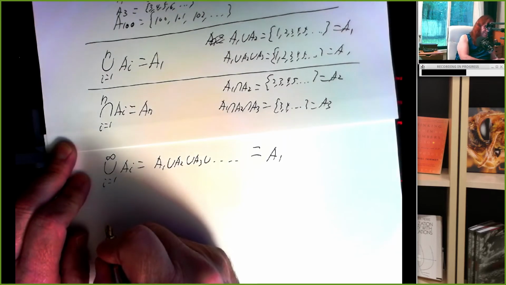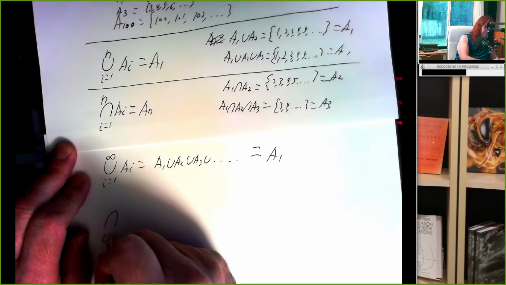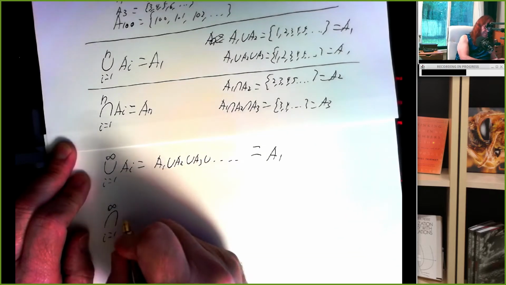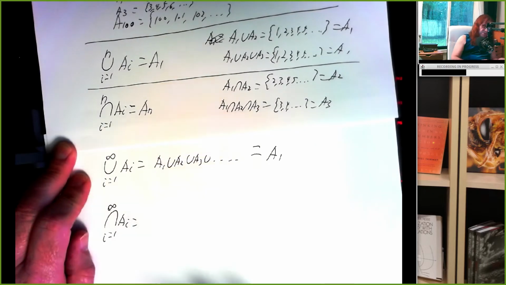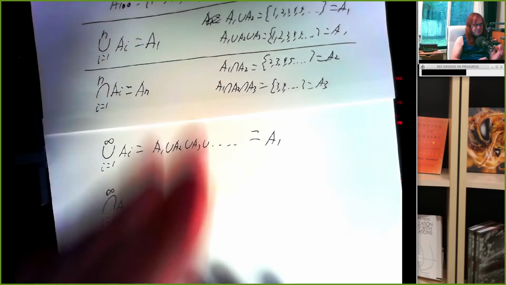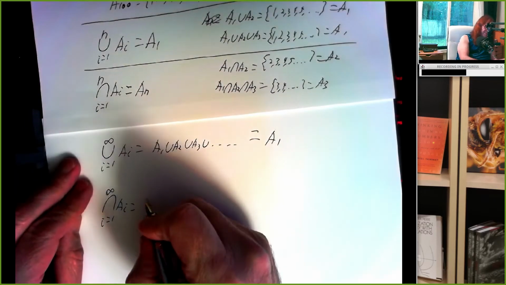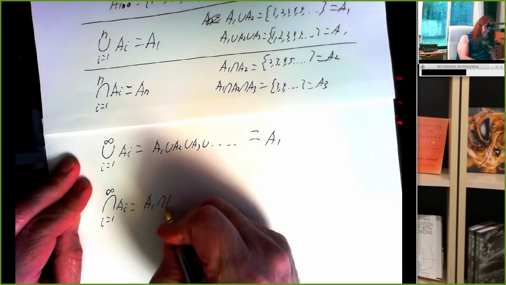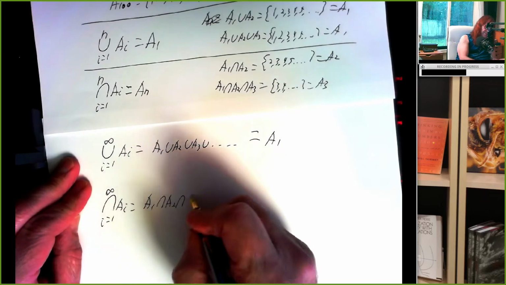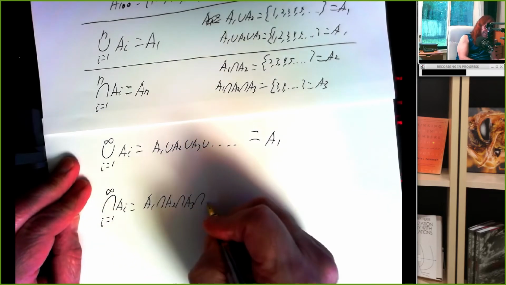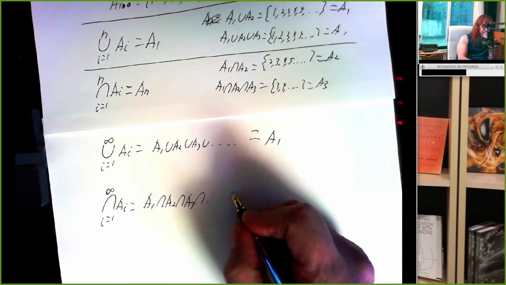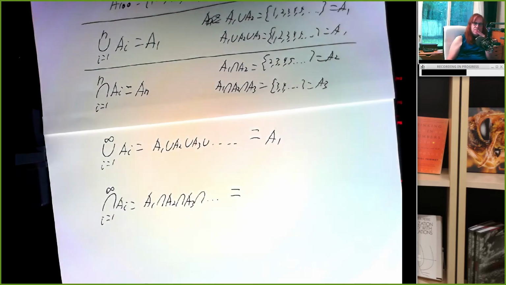Does this mean that the intersection of infinity? So what does this mean? What do we get when we intersect all of these? Is it nothing? I mean, if it intersects everything with everything, you're going to come out to nothing, right?